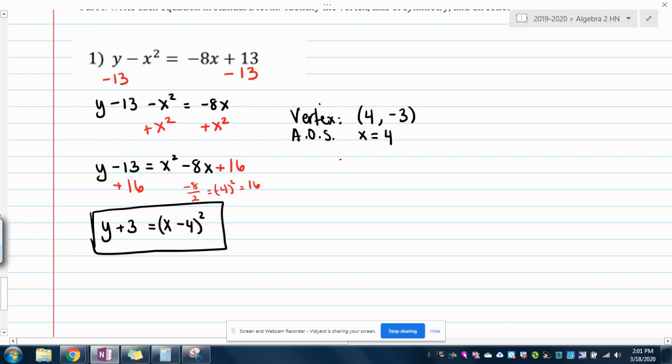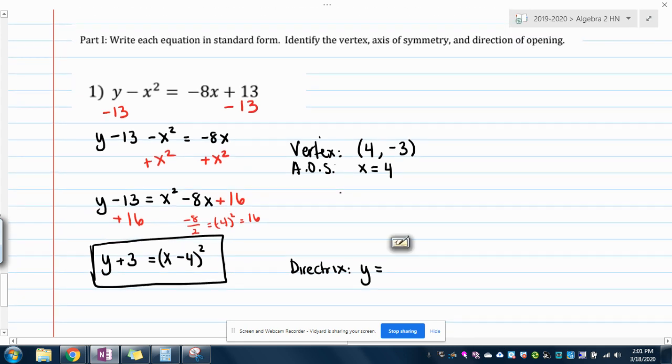Again, my directrix is going to be y =, because the axis of symmetry and the directrix are perpendicular. Now, axis of symmetry, what else did I ask for? And direction of opening.